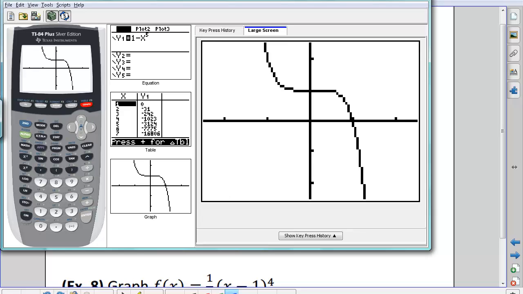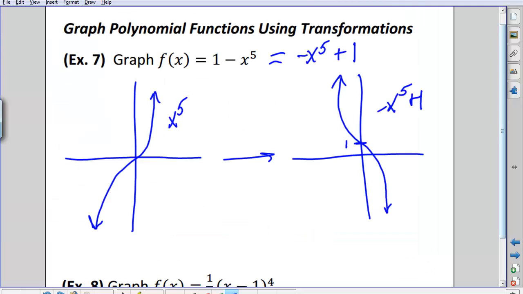Okay, obviously not exactly like it. Mine was more of a sketch, but really the idea is that you know what the shape of that graph is going to look like. If you want an exact graph, you can always use the calculator, but we started out like this, flipped it, bumped it up 1, and got this.